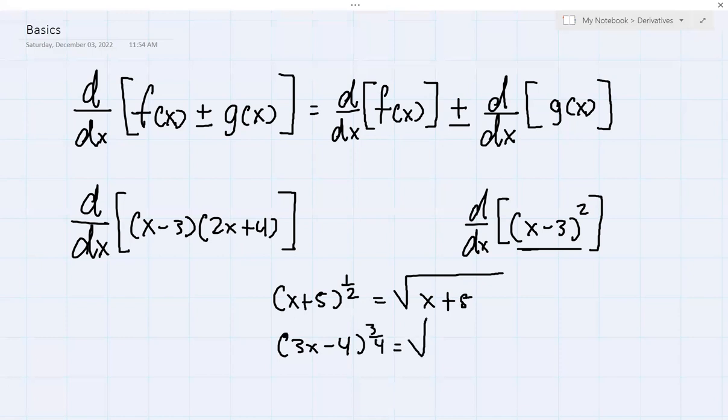Ibig sabihin nun, ito ay 4th root of the cube of 3x minus 4. So, kapag may nakitang ganitong exponent, dito pa lang, it's impossible to expand. Mahirap na yan pag i-expand mo siya. So, therefore, ano gagawin natin dito? You're going to use different rule. Ibang rule na yun. We're not going to use sum and difference rule of differentiation.